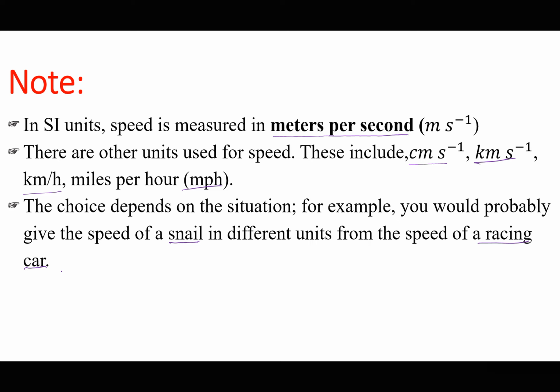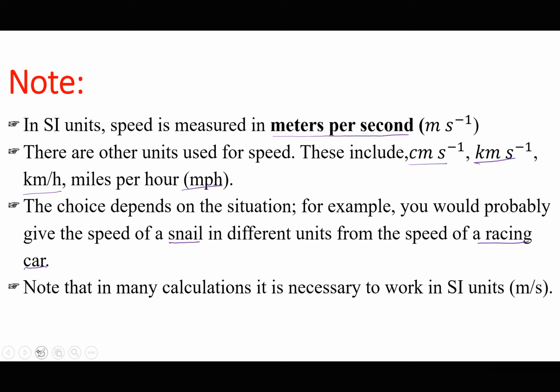You must have talked about this under measurement techniques. Also, I want you to note that in calculations, it is always advisable to work in SI units. In many cases, you'll need to work in SI units for convenience, but sometimes it may not be necessary, especially when there's a possibility of units cancelling out.